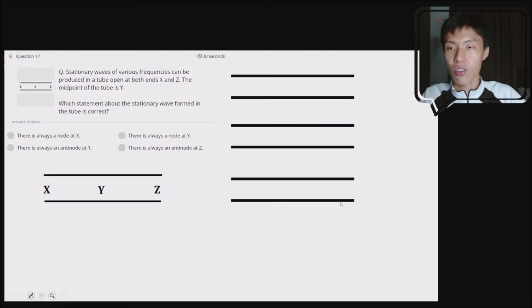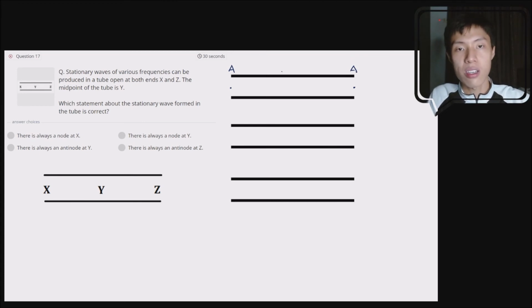Okay, so let's try to analyze it. If it's an open pipe, we know that the particles over here have much space to move around, so you should expect an antinode over here. What happens in the middle is that it must be a node if it's a fundamental tone.